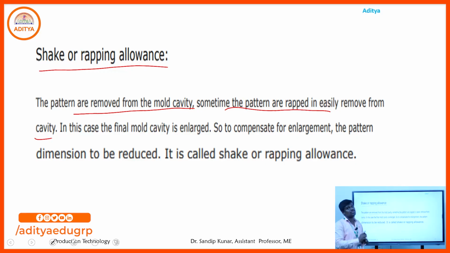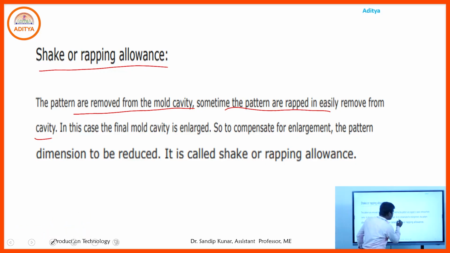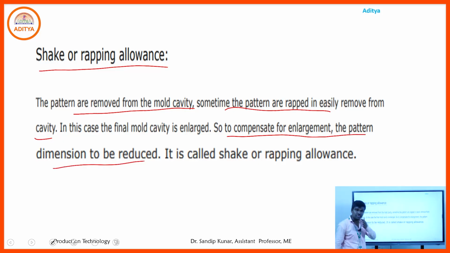So to compensate for the enlargement, the pattern dimension is reduced. We pour the molten metal and, as per the mold cavity shape, the product will be generated. So to compensate for enlargement, we keep the pattern dimension less.